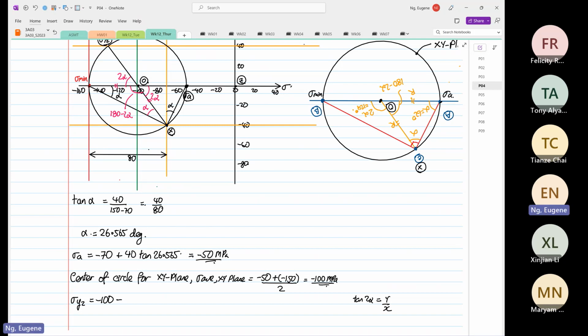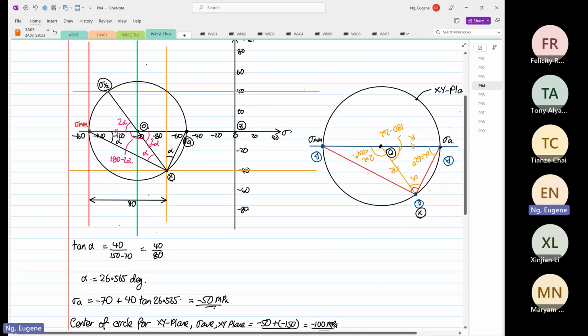So we know y is equal to 40 divided by tangent 2 times by what? 26.565. So this would be equal to minus 100 minus 40 divided by tangent of 2 times 26.565. So 40 divided by that is 30. So the answer is equal to minus 130 megapascal.